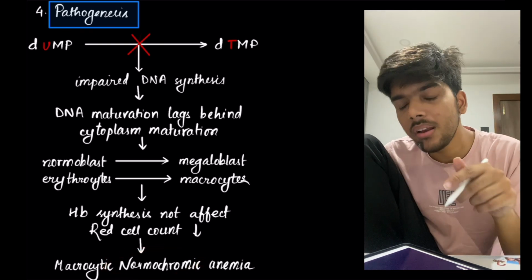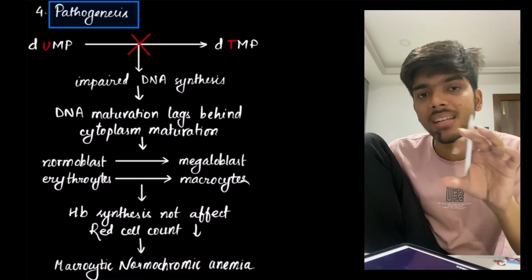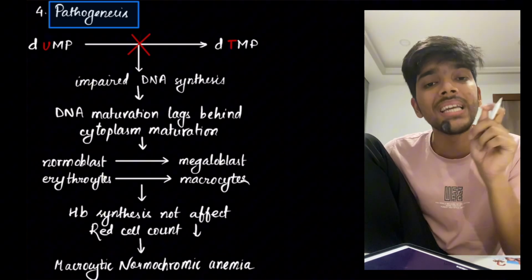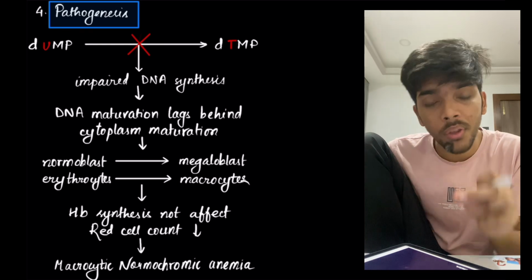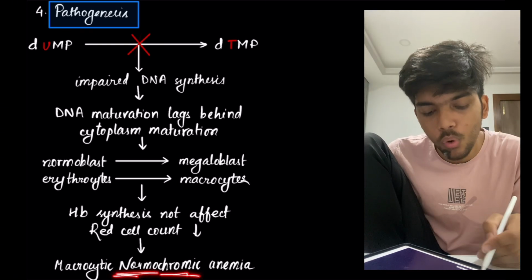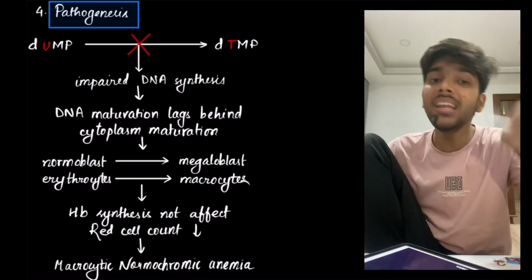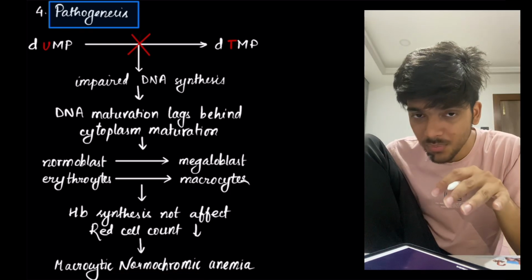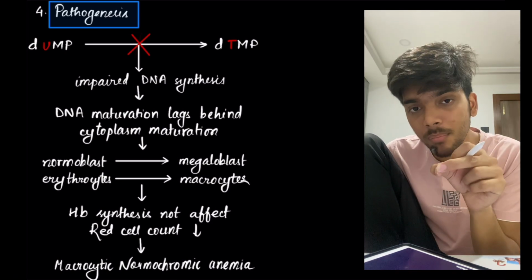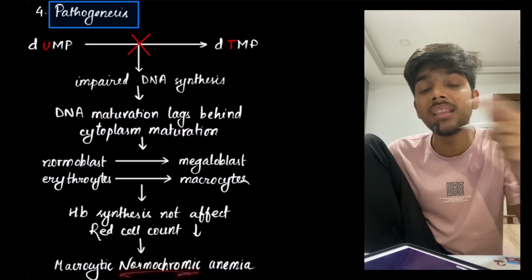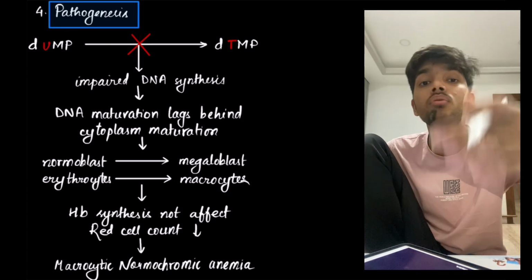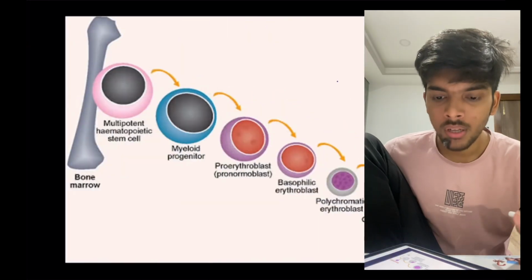Because the peripheral red is 2/3 and the central pallor is 1/3, or the mean corpuscular hemoglobin concentration, that is the concentration of hemoglobin in one single RBC, is normal. So normochromic. The overall hemoglobin concentration decreases, but the hemoglobin concentration inside a single RBC remains the same. But the RBC count decreases, which is why hemoglobin concentration throughout the body decreases.